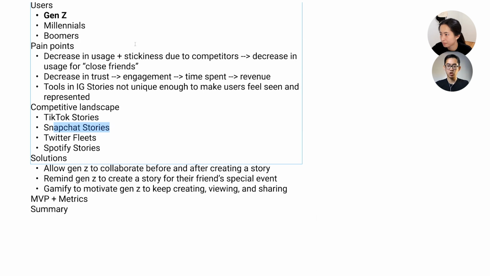And the last one is gamifying to motivate Gen Z to create, view, and share. Can you tell me what this feature looks like? Right. So in terms of creating, let's say when you post a story, you get a reward or something, and I haven't finalized what that reward is. I do think we need user feedback to understand what really motivates users to keep creating.